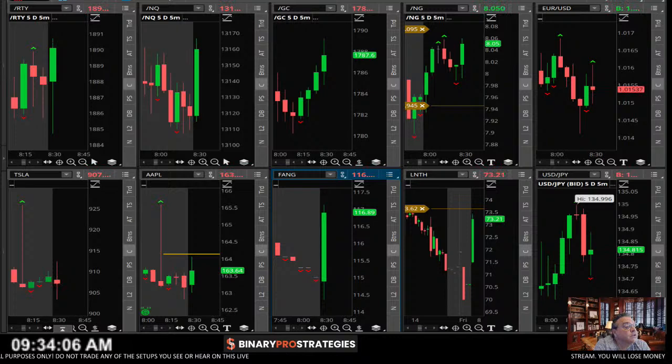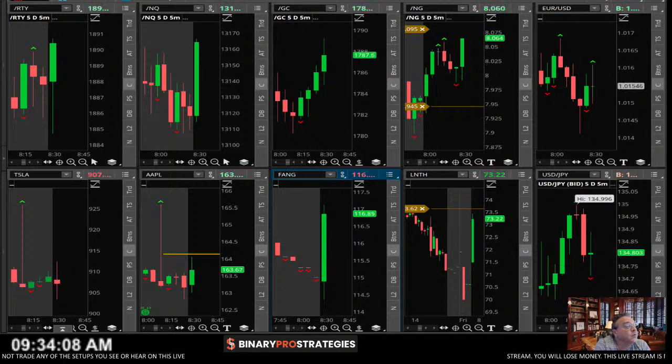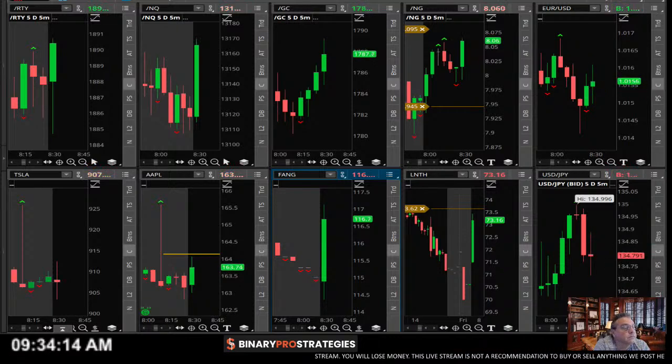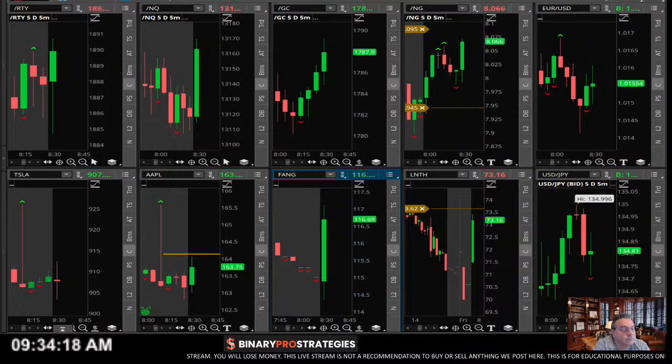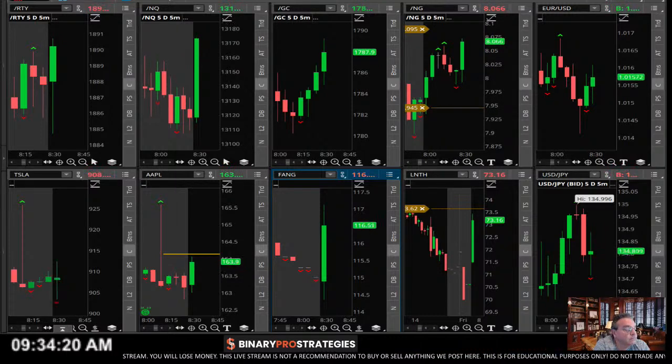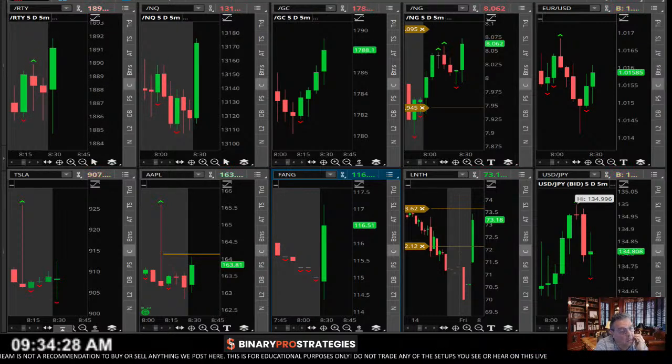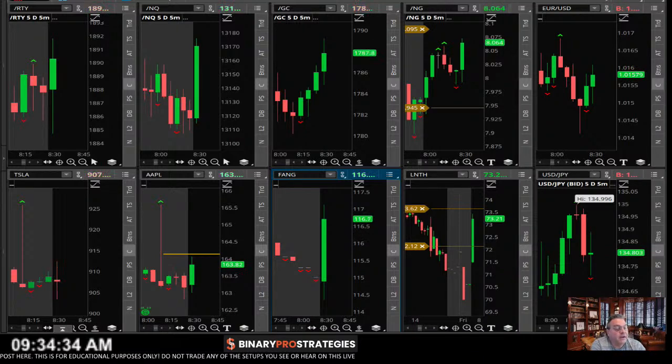If we don't hit 73.62, that would reverse at 72.12. So LNTH stock is in a buy right now.